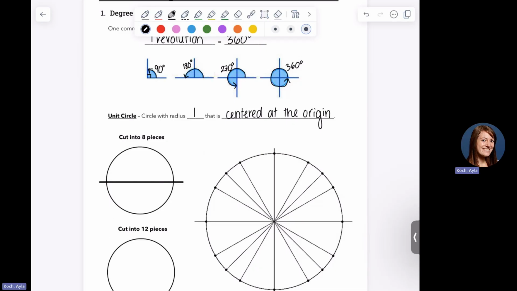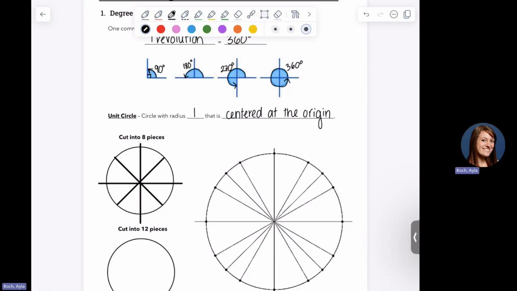I've started by drawing a line down. Now it's in 2 pieces. If I draw a line straight down this way, beautiful. Now it's in 4 pieces. In order to get it into 8 pieces, I would need to cut it like that, and like this.